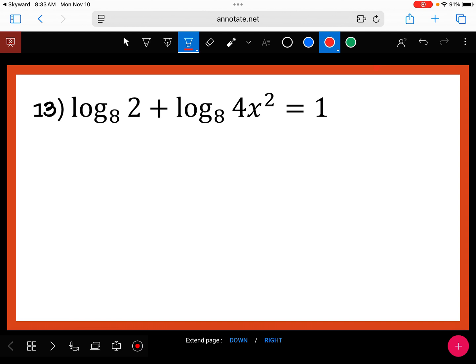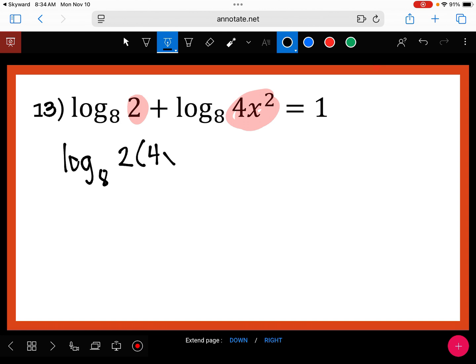So what does addition tell you to do? It's either multiply or make a fraction. So what are we doing? Multiplying. You're multiplying the 2 and the 4x squared. They're being multiplied. And then you have to do a rewrite, because there's only a log on one side.